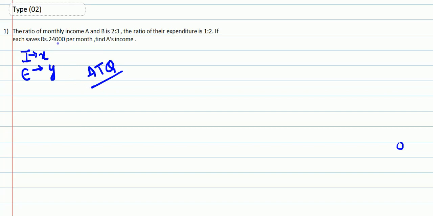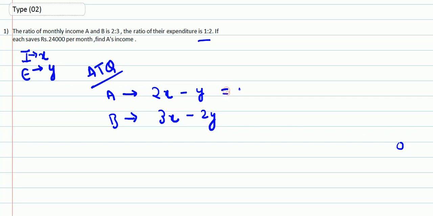So if the variable for income is X, then A's income would be 2x, and B's income would be 3x. It says the ratio of the expenditure is 1:2. So the expenditure of A would be just Y, and the expenditure of B would be 2y, and it says that each saves 24,000.